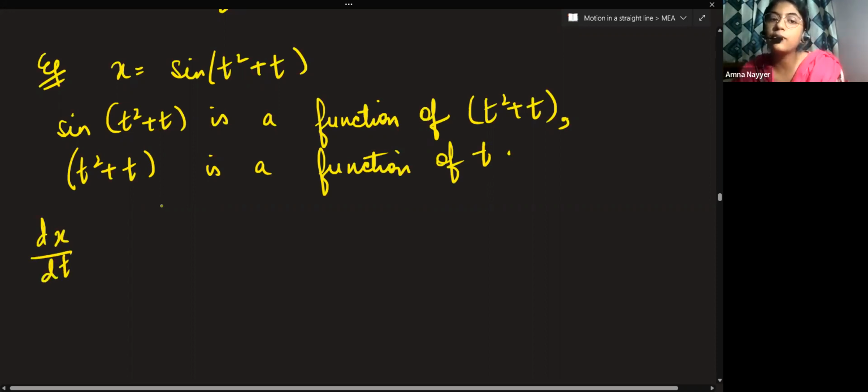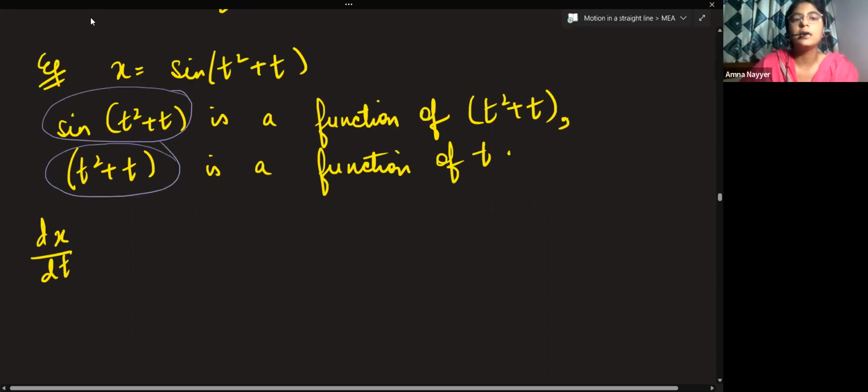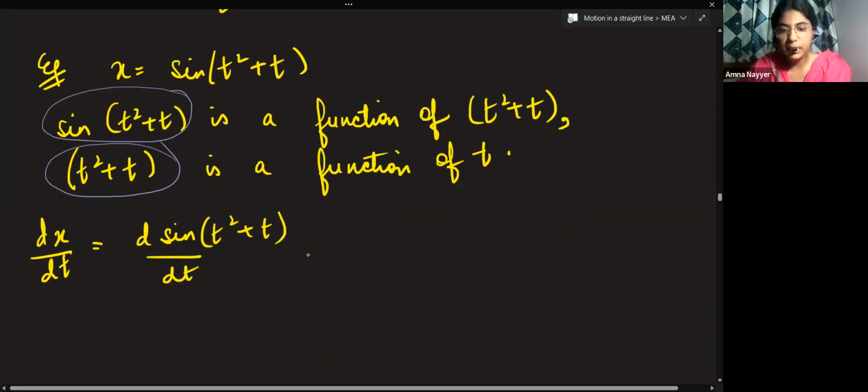Now, what did I tell you? First, you had to identify all those. Let's say this you have identified first, and the other one is this. You have to differentiate them and take the product of them. So first differentiate sine of t square plus t, multiply it, and then differentiate t square plus t only.